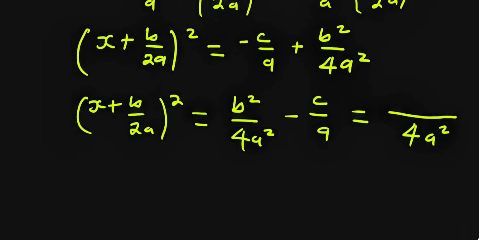So 4a squared into 4a squared goes there once, and 1 times b squared, we just have b squared minus a into 4a squared, 4a times. So 4a times c, that will be 4ac.